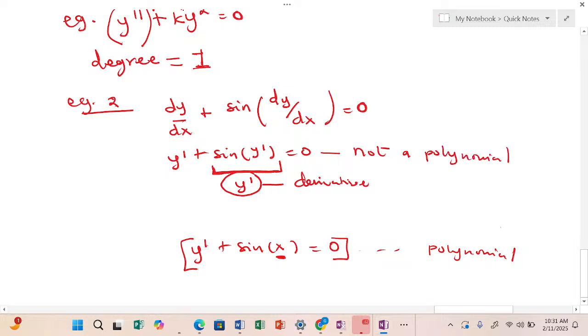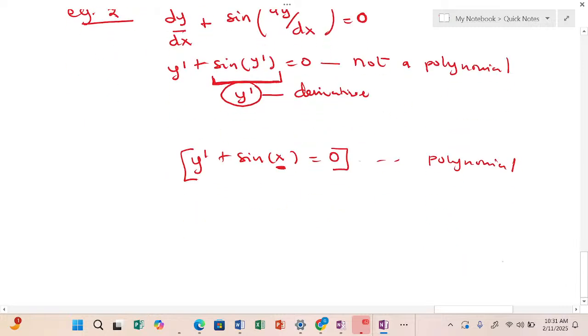So now that we have clearly understood what it is for a differential equation to be a polynomial, we can continue solving our problem. We now understand that this is not a polynomial.